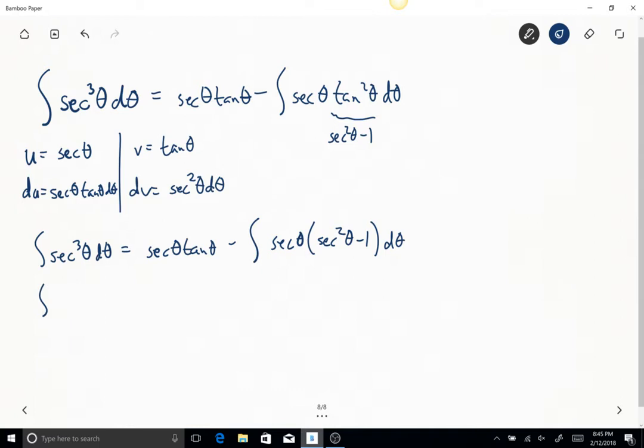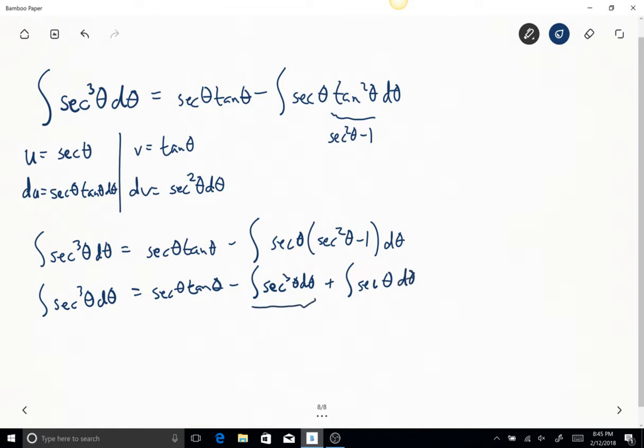So notice the integral of secant cubed theta d theta equals secant theta tangent theta minus the integral of secant cubed theta d theta, and minus a minus, multiplied by secant theta, makes a plus, the integral of secant theta d theta.